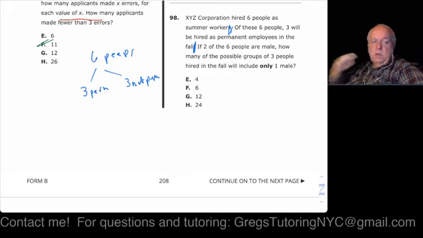If 2 of the 6 people are male, okay, so turns out we now have a second category of thingies going on here. So if we also look at the 6 people, and I can write that over here, two are male, which means 4 are not male.